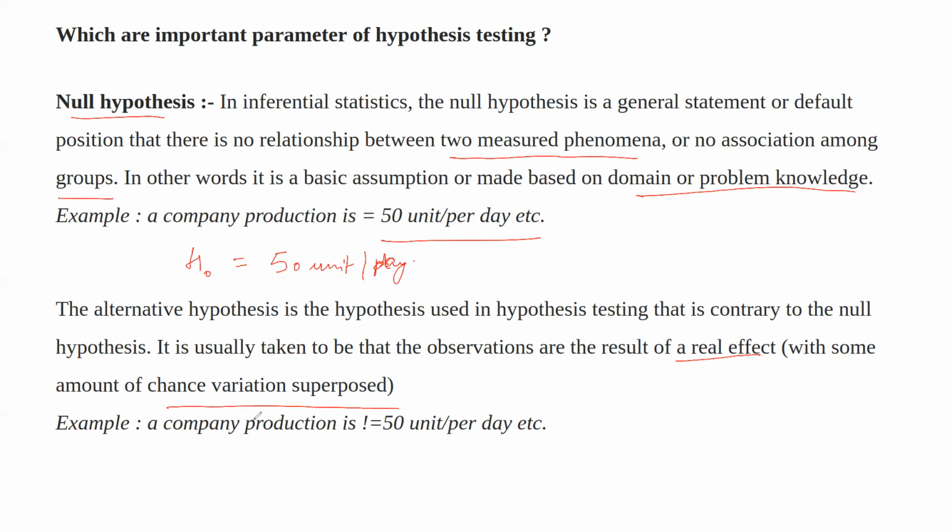So when we collect a sample, we would definitely expect some variation, and hence we can form an alternative hypothesis in the real world that this is not equal to 50, saying that there could be some amount of deviation in the production rate. So it can be plus or minus 50. This is our alternative hypothesis, right?